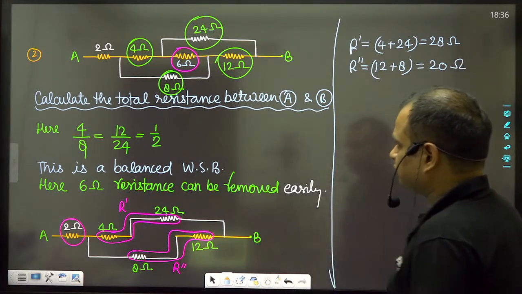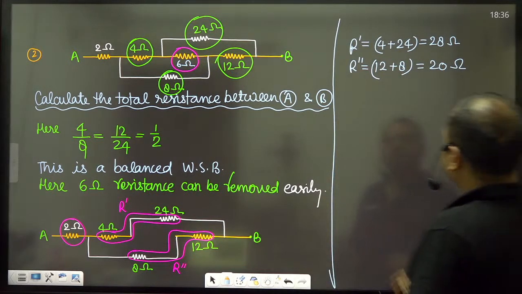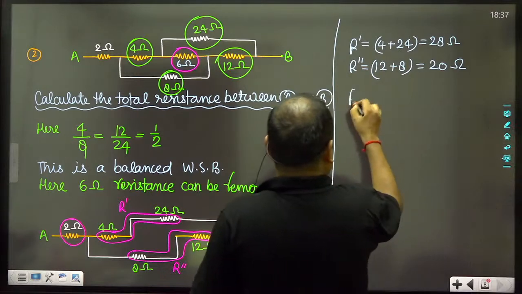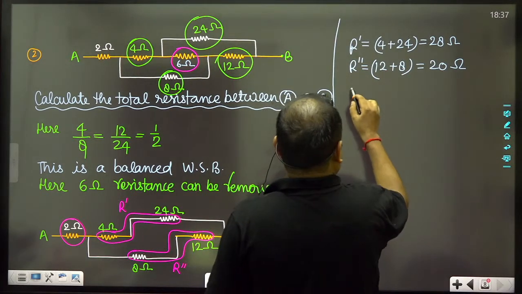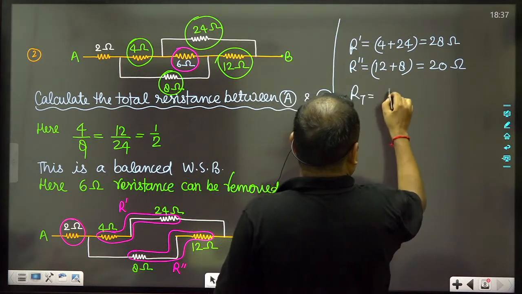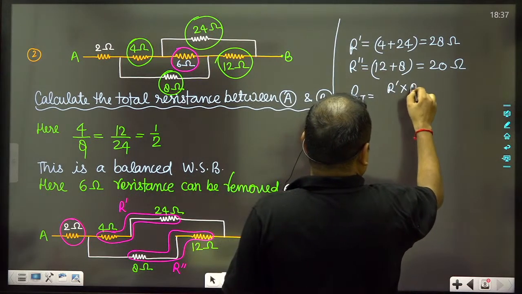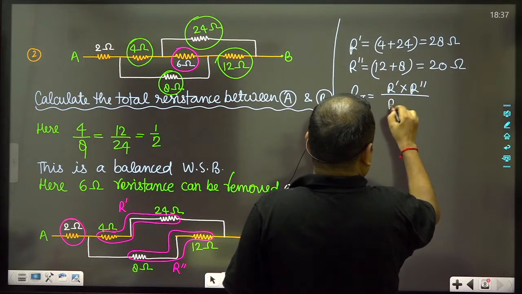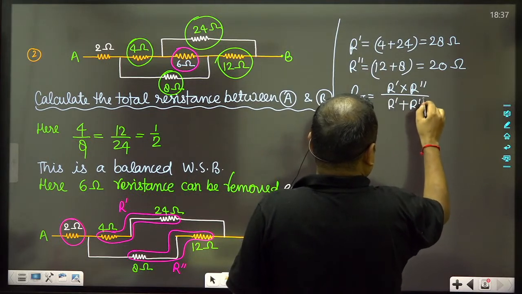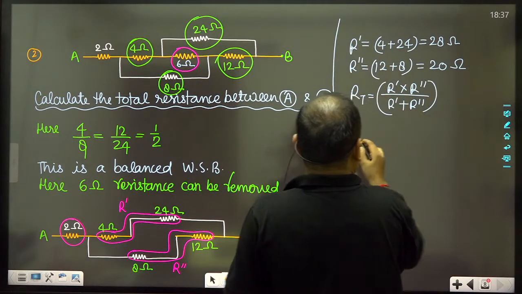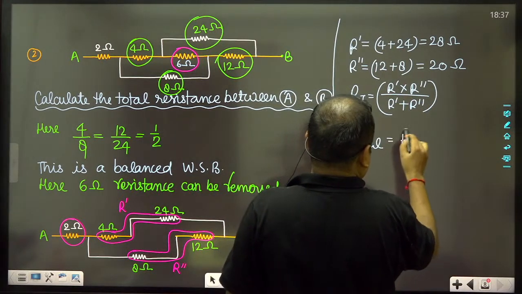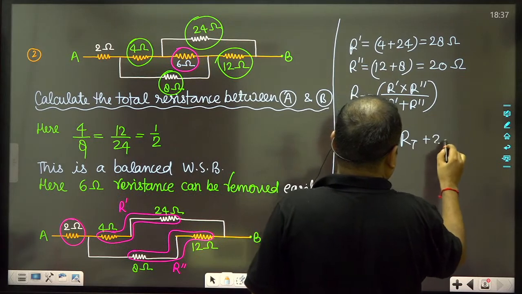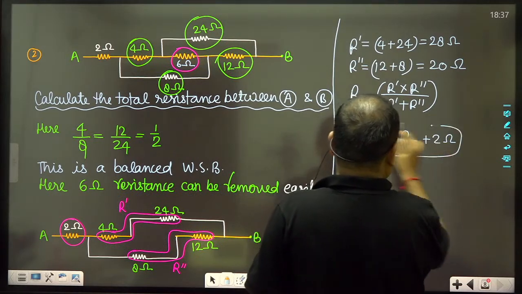So R total will be equal to R dash multiplied by R double dash upon R dash plus R double dash, plus 2 ohms because this is in series.